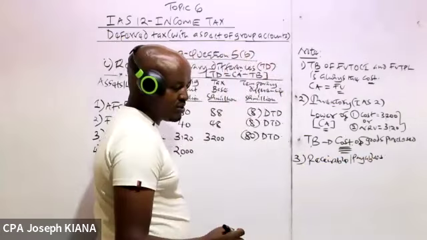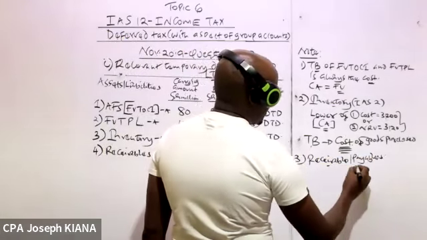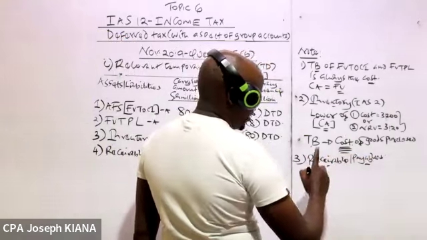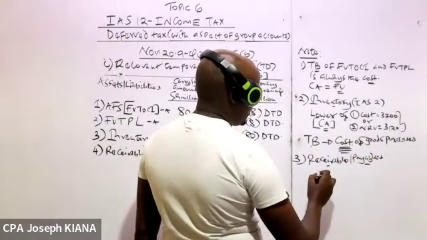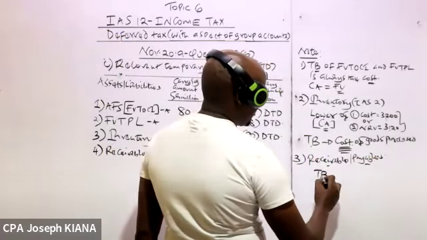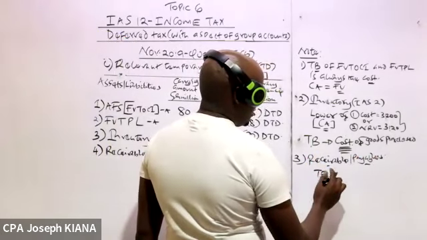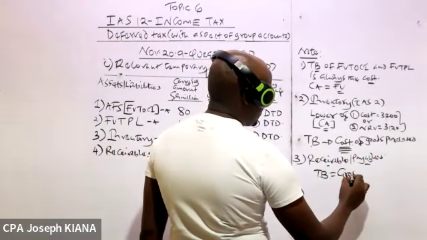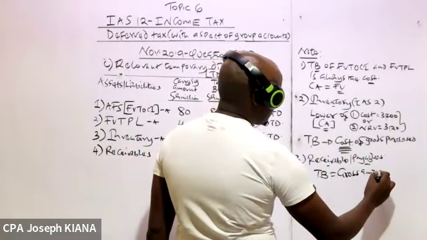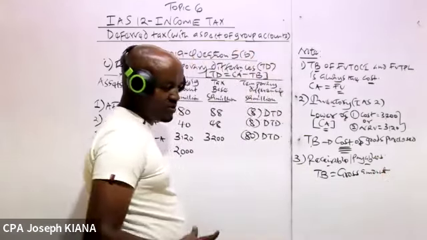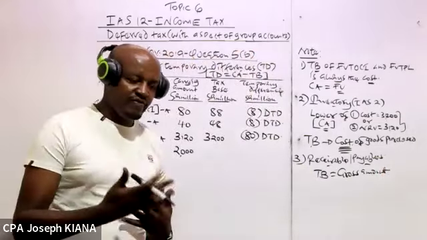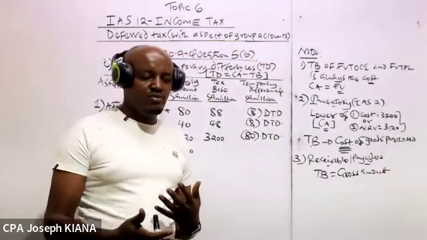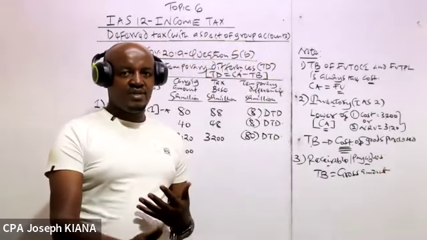Receivables and payables. So how do we determine the carrying amount and the tax base of these two items of working capital? Tax base in this case is always equal to the gross amount. The gross what? Amount. What is the gross amount? It is the original figure of the receivables or payables before making any adjustment.